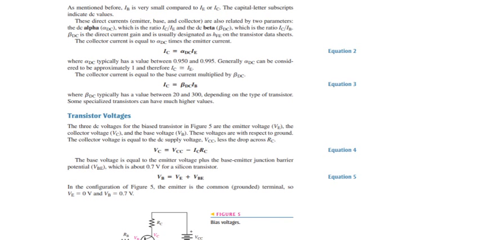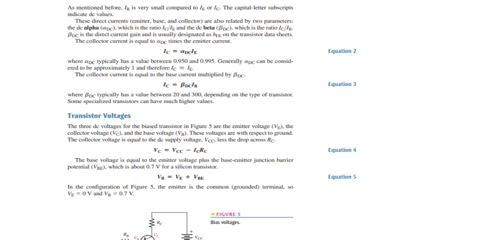Next, we have two parameters. One is your alpha DC, another is your beta DC. Alpha DC is IC by IE, the ratio of collector current and emitter current. Beta DC is IC by IB. Okay, right? Now you know IB is very small, so IC and IE are nearly equal.